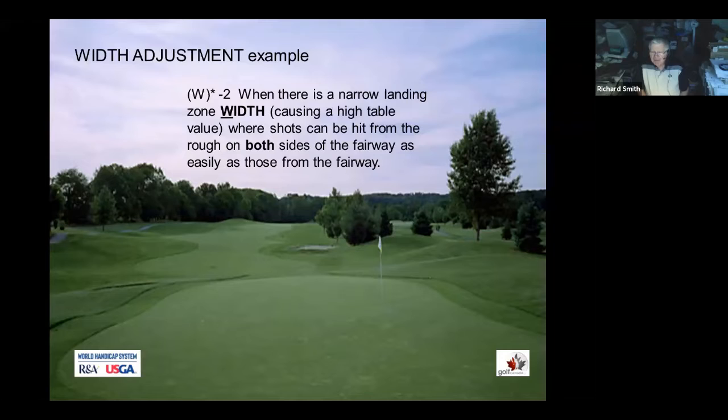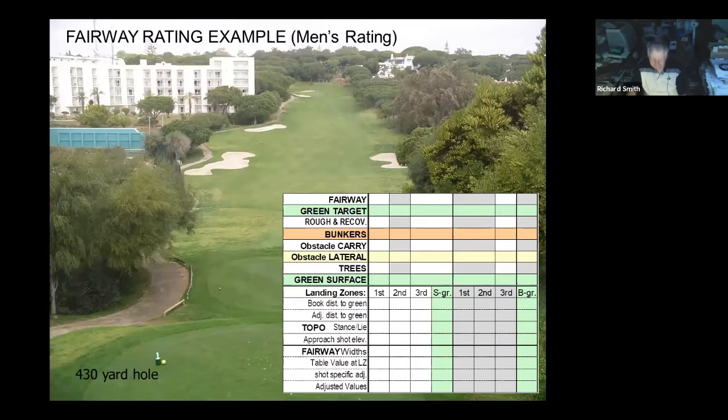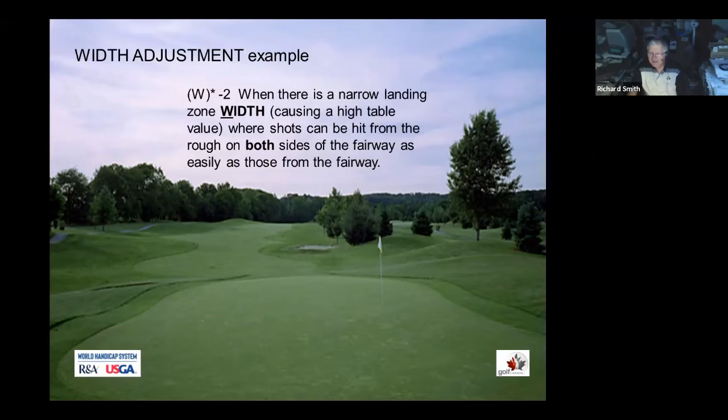So if you have a landing zone that is in that area just short of the green, it looks in this case like this could be W-2 because you could hit onto the green from either side. Now, if we had a big bunker on one side or the other, then you'd have to go with -1 only.